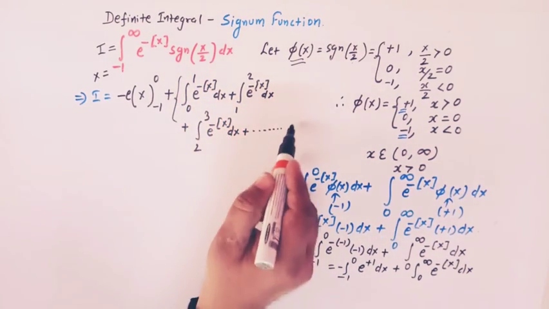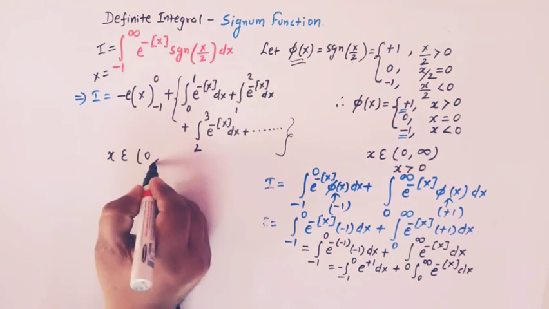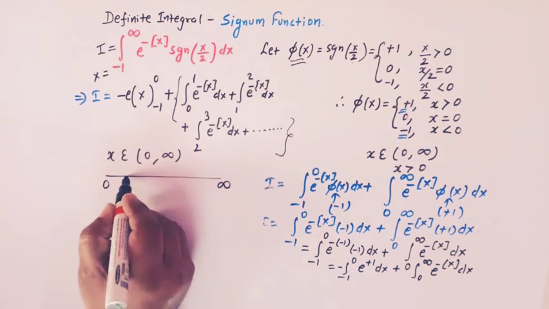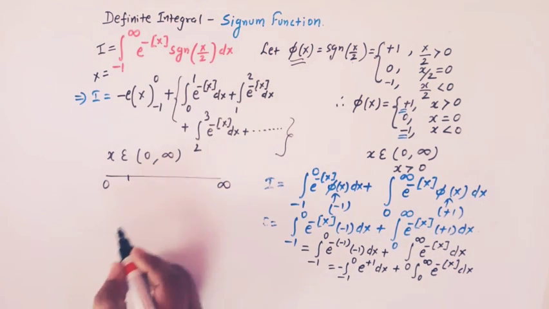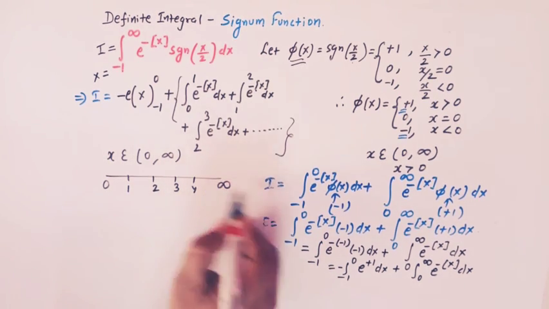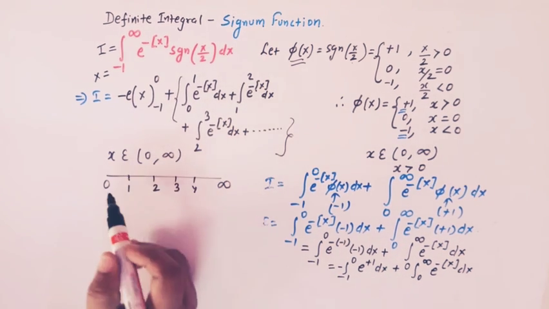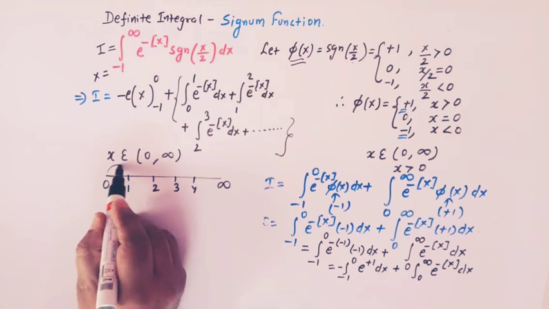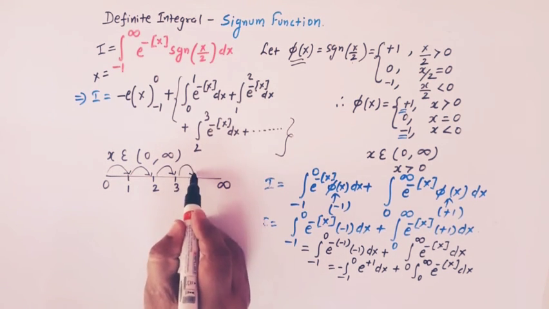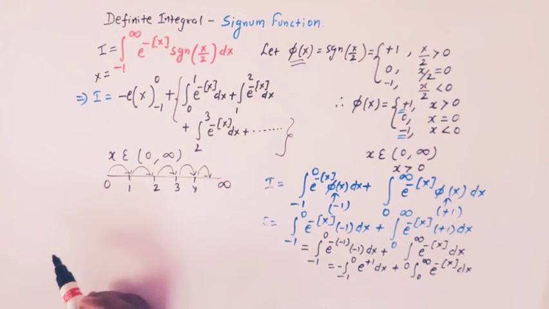Because here the limits are from 0 to infinity, and between 0 and infinity we have the positive integers as 1, 2, 3, 4, and so on. So we'll split this integral as a sum of integrals from 0 to 1, then from 1 to 2, 2 to 3, 3 to 4, and so on, up to infinity, right?